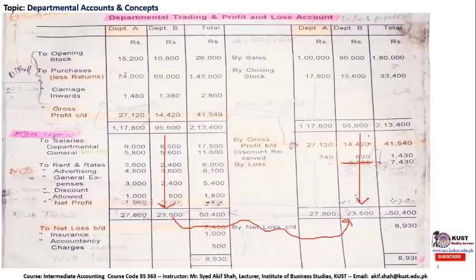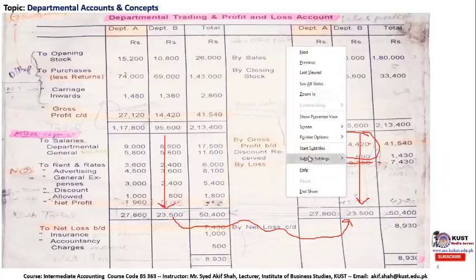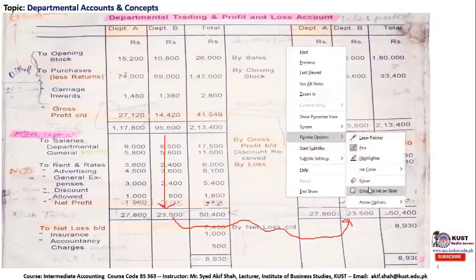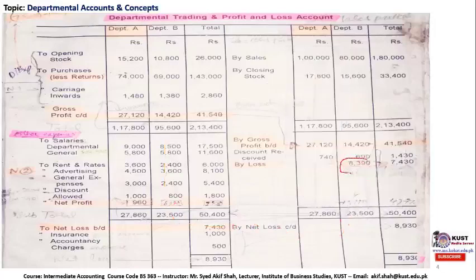However, the gross profit of Department B was lesser than the expenses. Therefore, resultantly we come up with a net loss of 8,390. Therefore, we have narrated it with the proper title of net loss of 8,390.